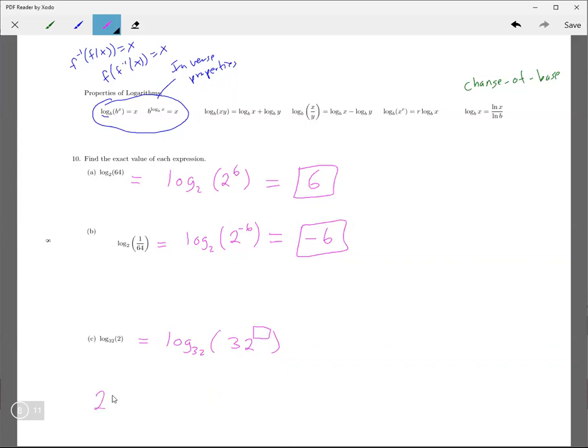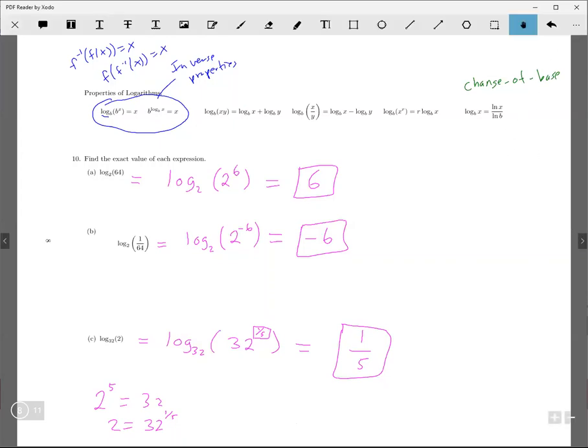Well, we know that if you raise 2 to the 5th power, we get 32. So if you take the 5th root of both sides, then this is 32 to the 1/5. And so the answer is 1/5. So good, that's using the inverse properties.